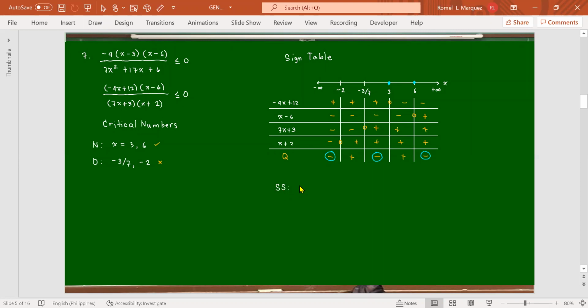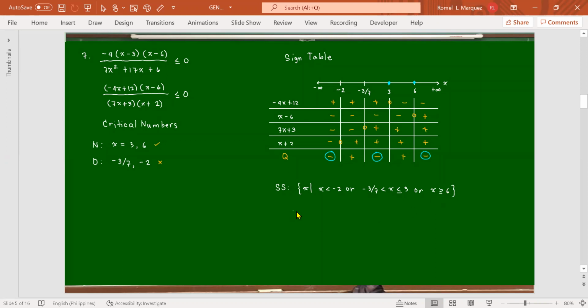In set notation, the set of all x such that x is less than negative 2, or x is between negative 3 over 7 and 3, but we have to include 3. Or, another or, greater than or equal to 6.